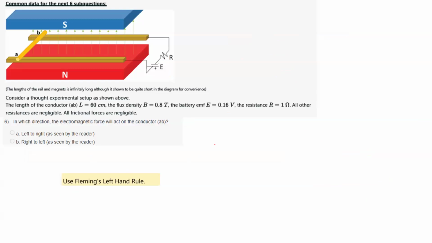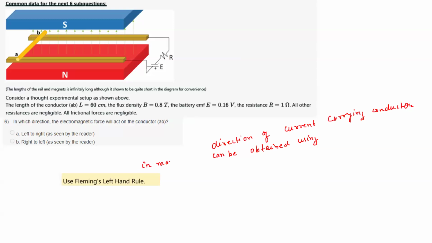We know that the direction of force on a current carrying conductor in a magnetic field can be obtained using Fleming's left hand rule.